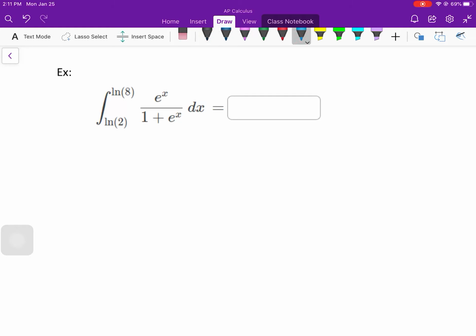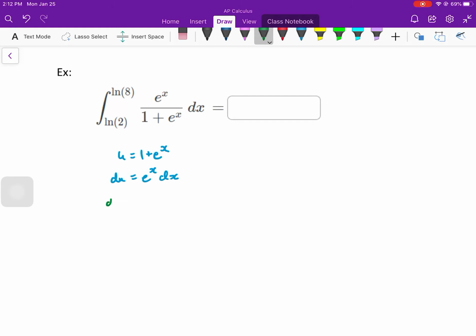All right, here we're going to make our u 1 plus e to the x. We talked about this in the last video, when to do 1 plus e to the x and when to do e to the x and do the whole change. Remember, if it was a 2x here, we'd be stuck separating that out to e to the x squared and using arctangent. But here, if u equals 1 plus e to the x, when we do du, it's going to be e to the x dx.